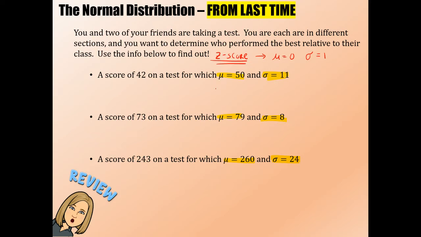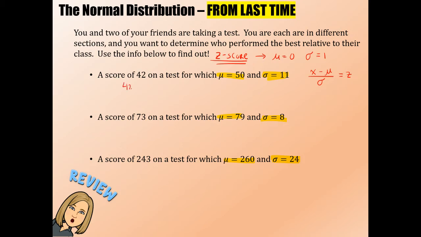But these all have a different mean, so we want to translate it to 0, and that's where the z-score is going to help us. To find the z-score, I take the data point minus the mean divided by the standard deviation. That's going to normalize this.